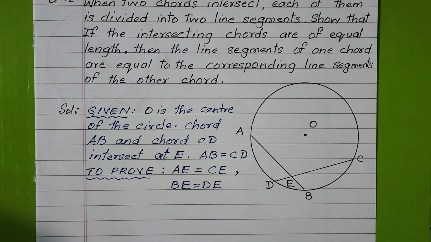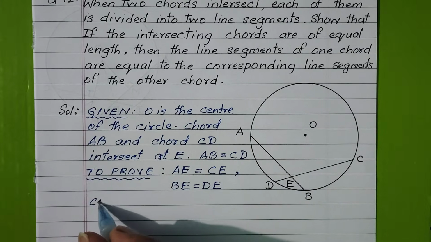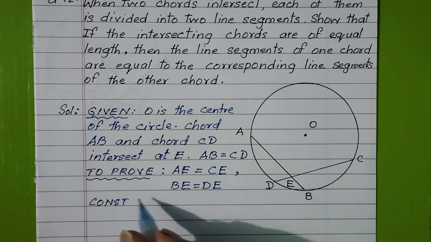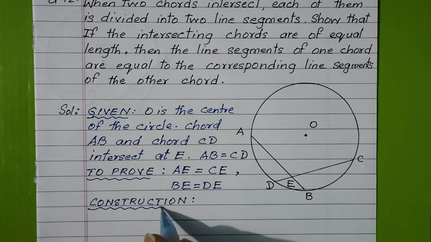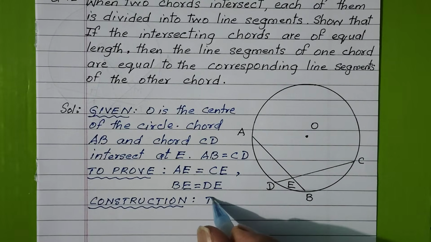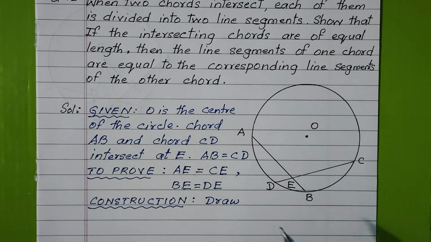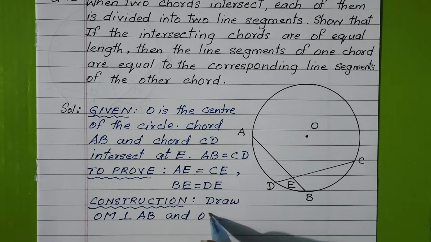So to prove this, we have to do some construction. The construction that we will do is draw OM perpendicular to AB and ON perpendicular to CD.